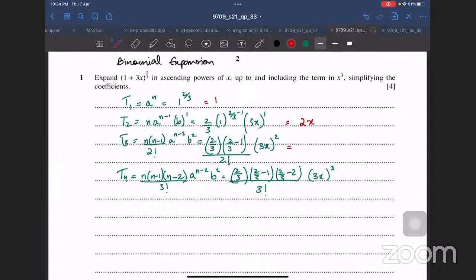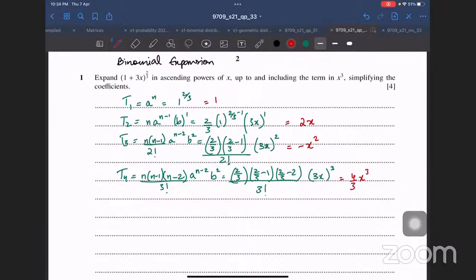8 over 2 factorial gives me minus x squared. Then 27 gives me 4 over 3 x cubed.